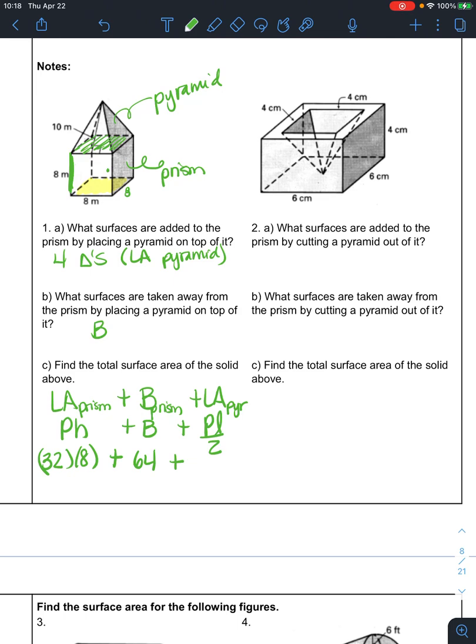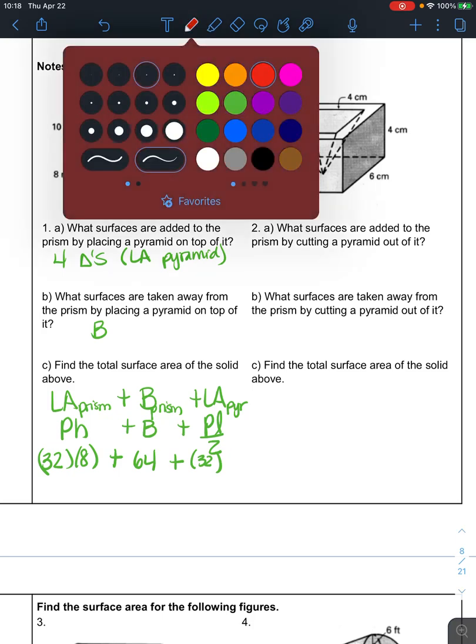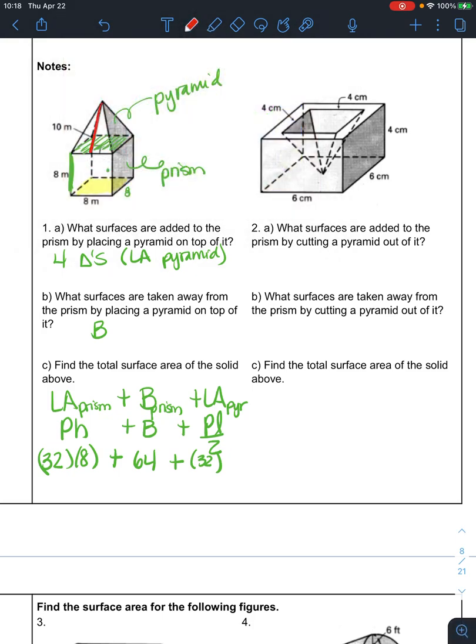Now we want to shift up and look at the pyramid. Now it just happens that they line up all together, so it's the same perimeter, so it's still 32. The slant height of the pyramid, that is right here. The slant height of your pyramid is 10, and then it's over 2 because the formula says so.